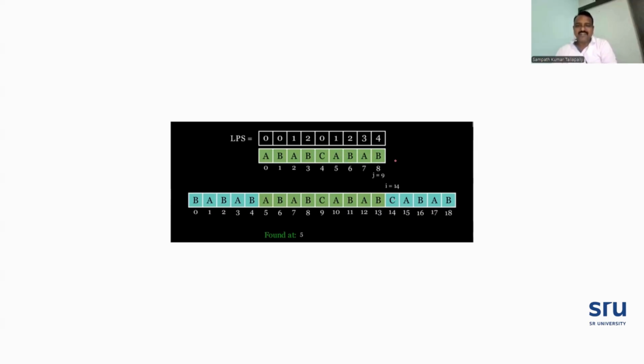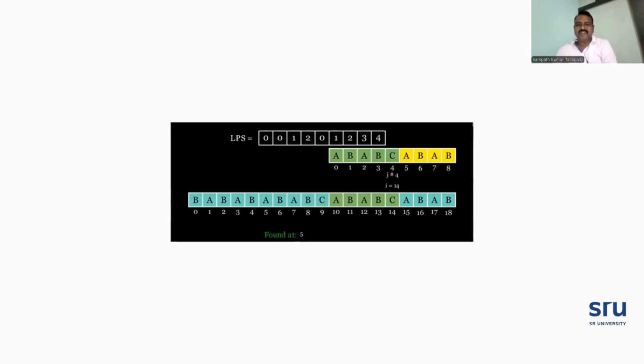No. Whenever this is not found, after comparing this one, we subtract the value found in my B from the value of my J.